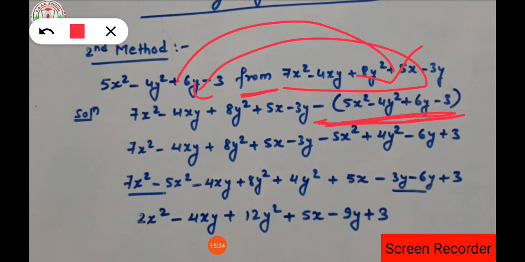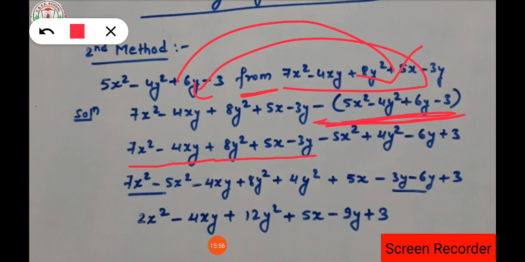So the first term 7x square minus 4xy plus 8y square plus 5x minus 3y will remain as it is. Now the sign will be changed because outside the bracket minus is there, and this minus will be multiplied with each term inside the bracket.